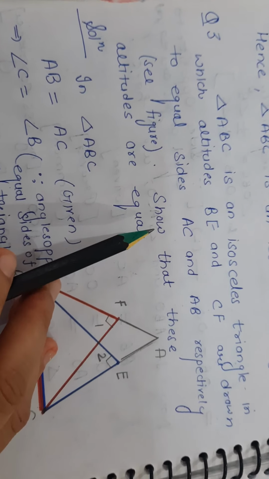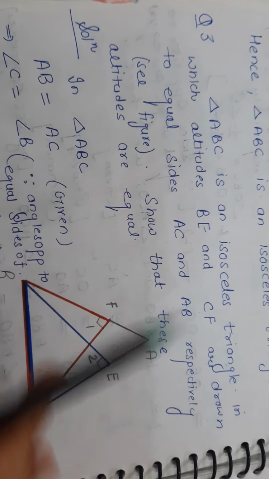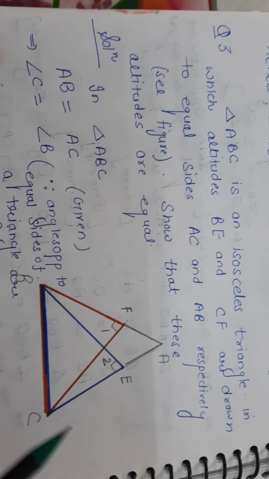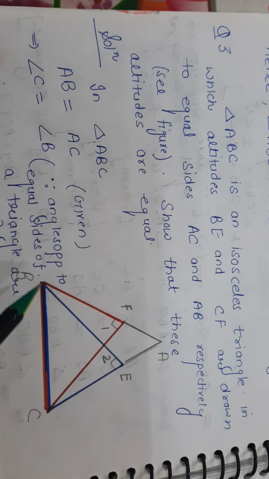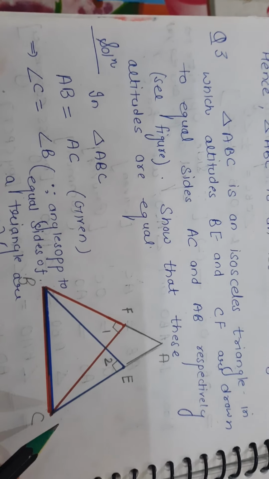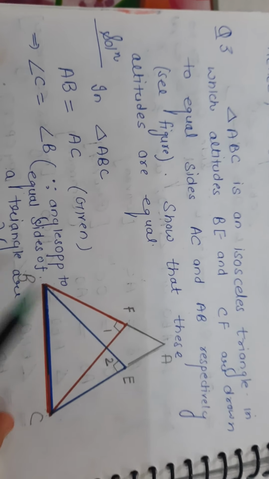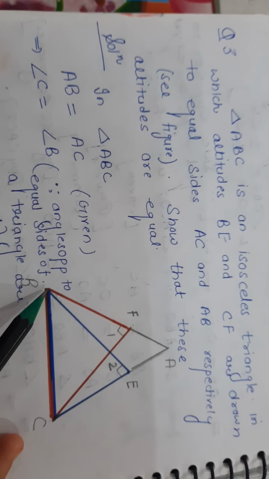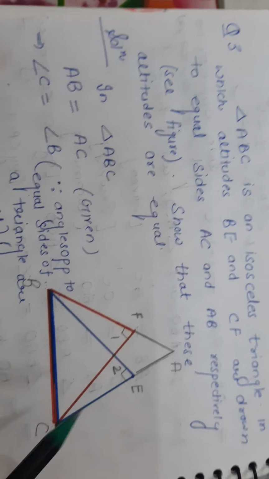You need to show that these two altitudes are also equal. That means we need to show BE is equal to CF.